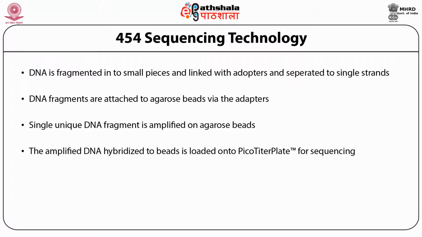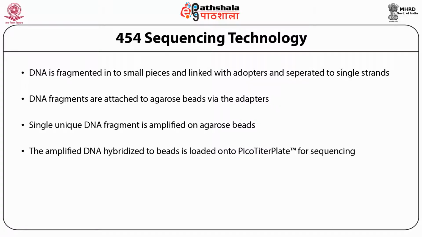In sequencing, the amplified DNA hybridized to beads is loaded on a titer plate for sequencing. These titer plates contain small wells. Each well can load one bead. The plate is loaded into the instrument and the fluid system flows through the plate, providing A, C, G, and T nucleotides sequentially.